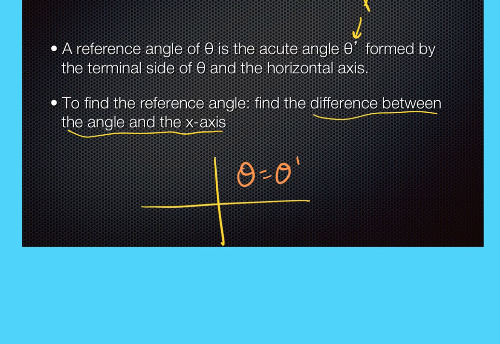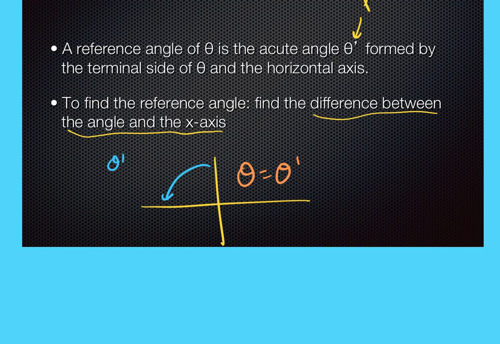So in the first quadrant, we leave it alone. If my angle is in degrees between 0 and 90, that is the reference angle. If my angle in radians is between 0 and pi over 2, that is the reference angle. I leave it alone. If it's in the second quadrant, then I subtract it from pi or 180.